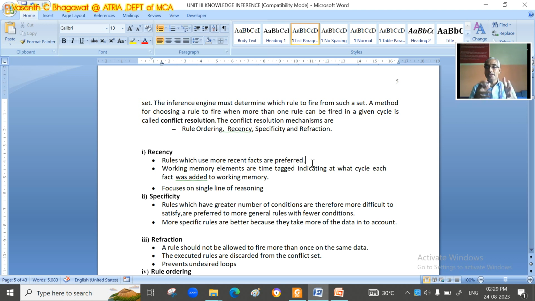If one rule has only one condition and another rule has three conditions, then obviously we will look into the third one, because when you select that, the conflict can be avoided. So more specific rules are better because they take more of the data into account.